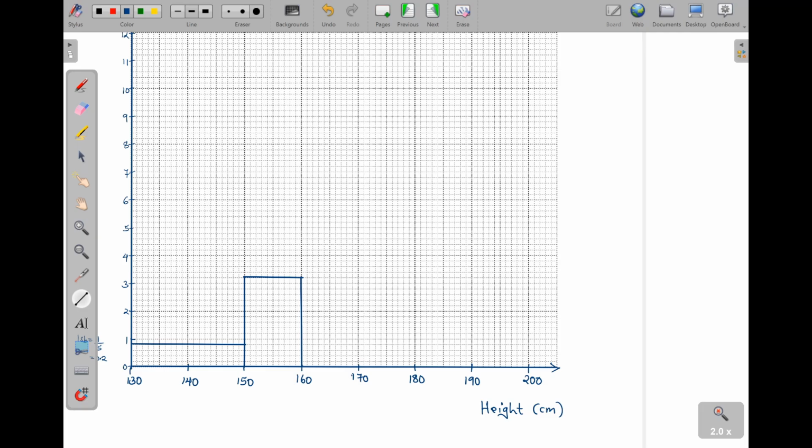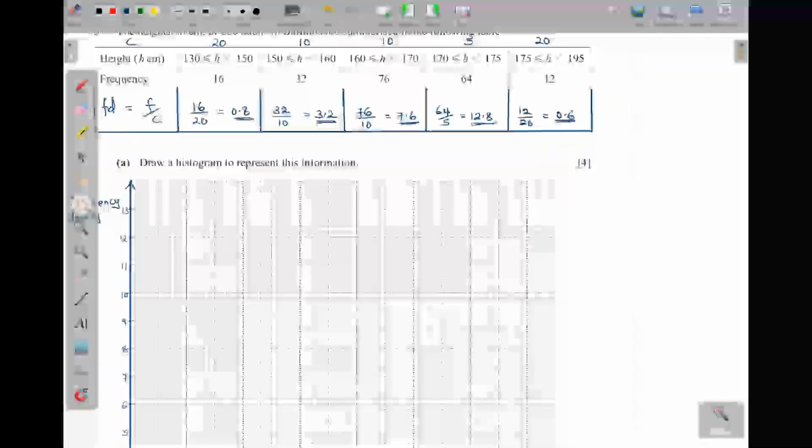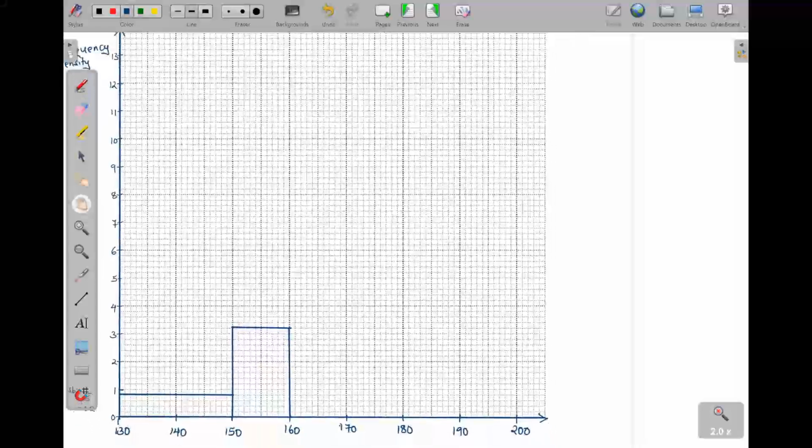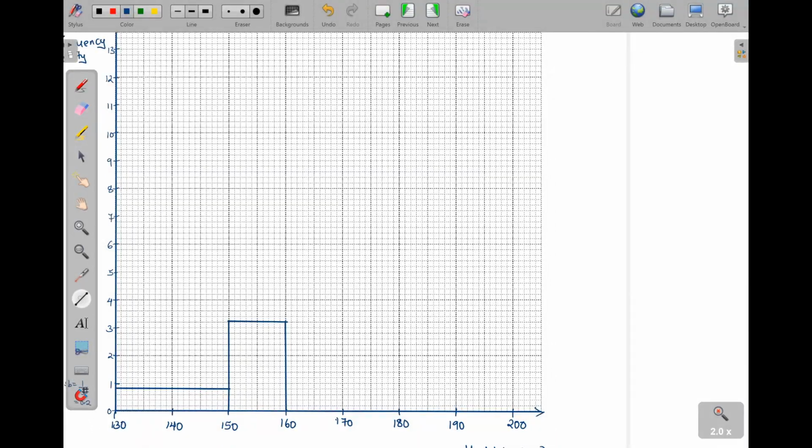160 here. Then the next one is going to be 160 to 170, 7.6. So above 7, I'll go 3 small boxes. So 1, 2, 3. It will be there, 170.